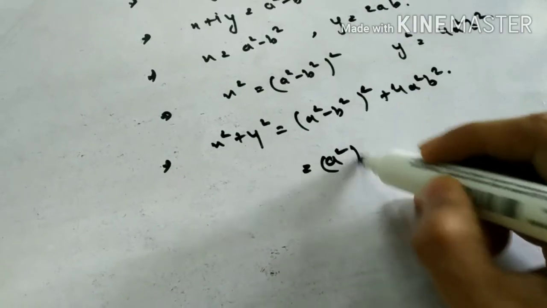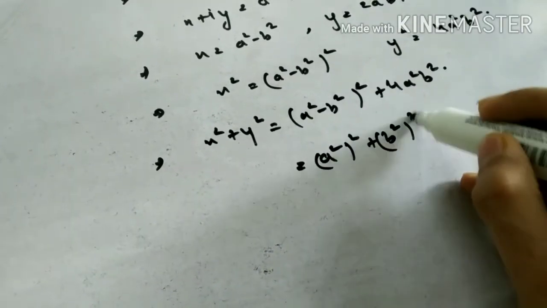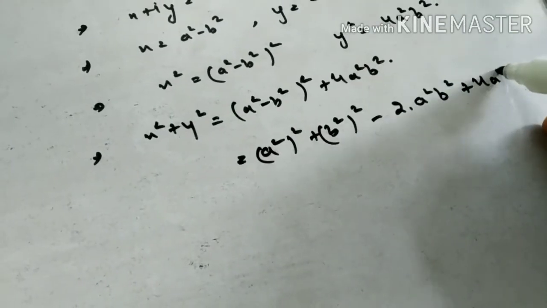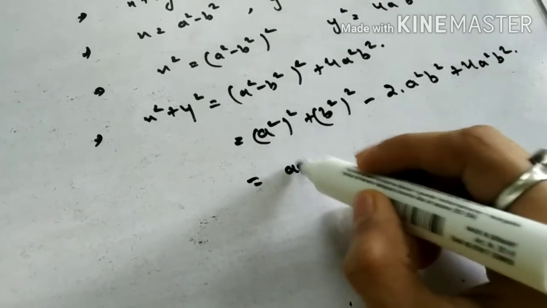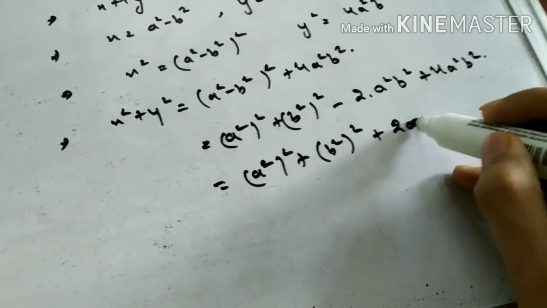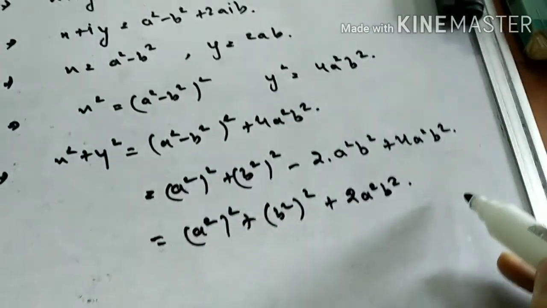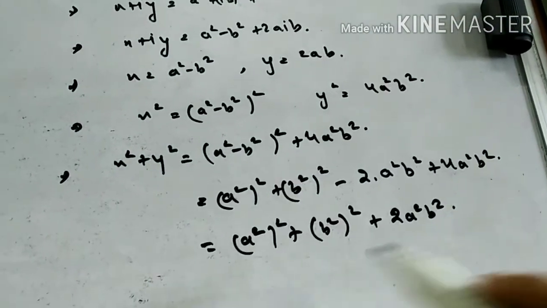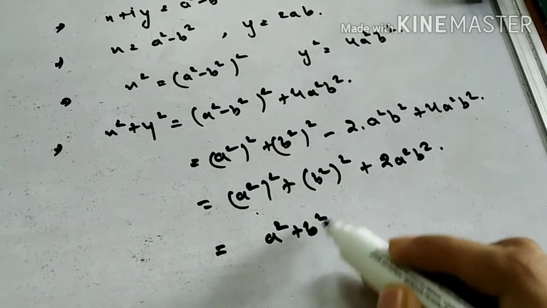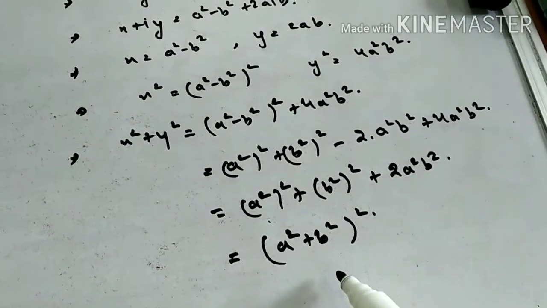This is a square the whole square plus b square the whole square minus twice a square b square plus 4a square b square, which is ultimately I will get a square the whole square plus b square the whole square plus twice a square b square. Understand? So you see, I can write this one as a square plus b square the whole square.